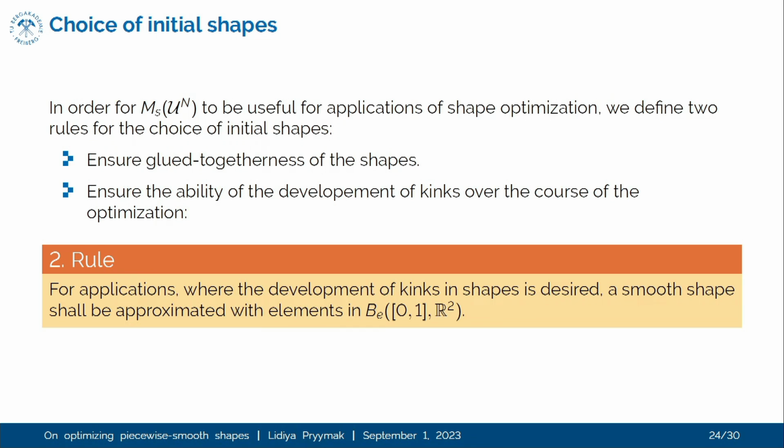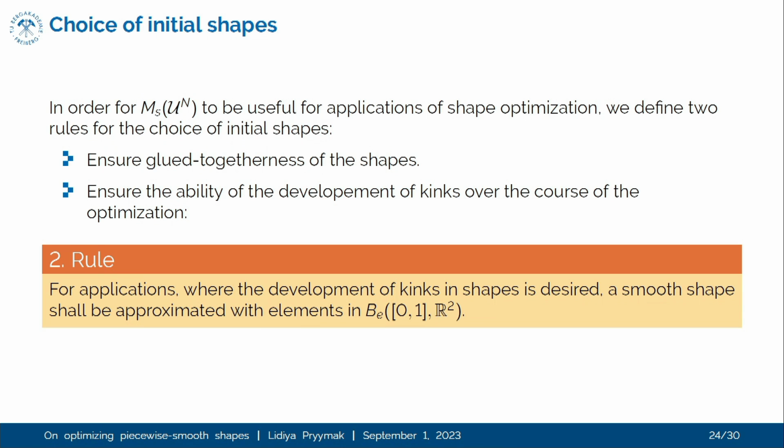Just a simple example, it wouldn't be so good for the optimization, but just to make clear what I mean, if we have a circle, we can just approximate it with n straight lines or something. That wouldn't be quite good for the algorithm, but just to explain the second rule.